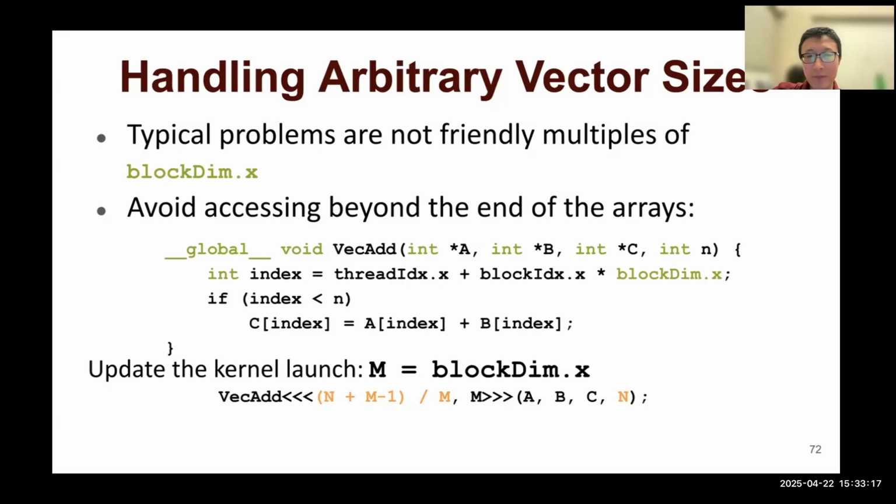This M could technically be any number up to 1,024 for one dimension, because as I mentioned, the maximum number of threads per block can only go up to 1,024. So M could be any number between 1 and 1,024 for one dimensional. Two dimensional is different. You have different dimensions, the numbers are different.